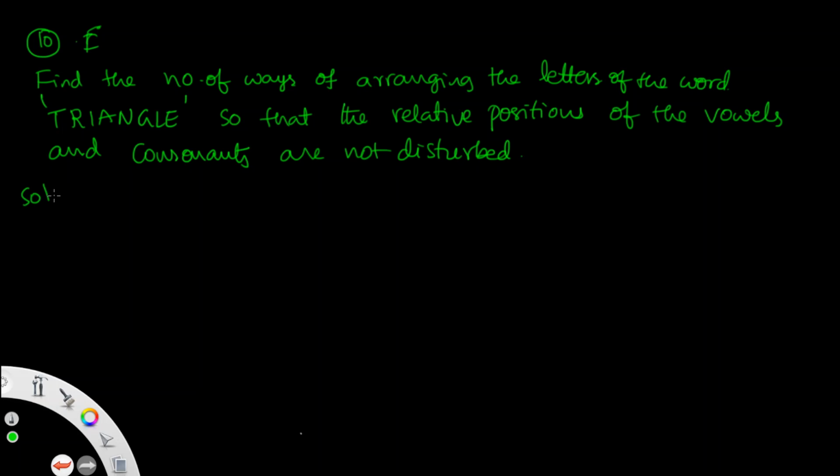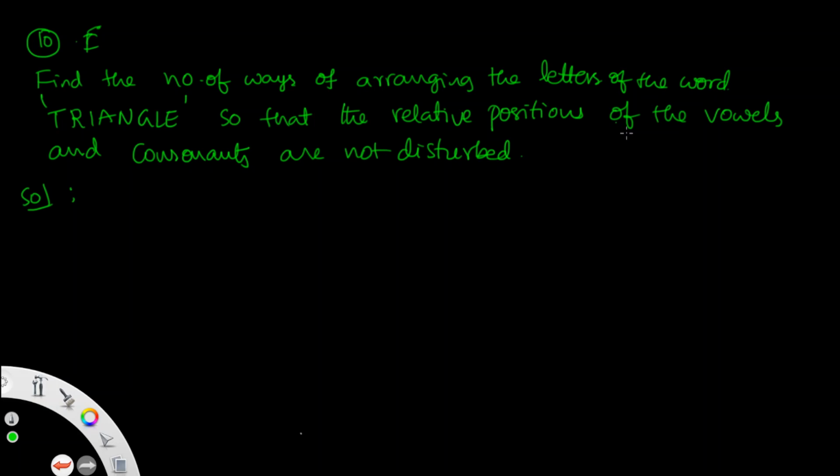So in the given word triangle, the question is asking for the number of ways of arranging the letters so that the relative positions are kept. That means vowels can be arranged in the places of vowels and consonants in the places of consonants only.